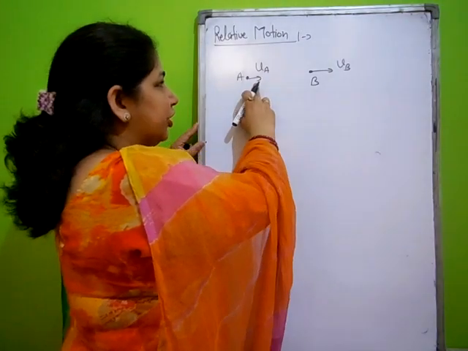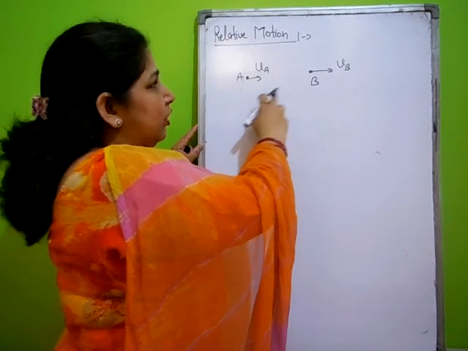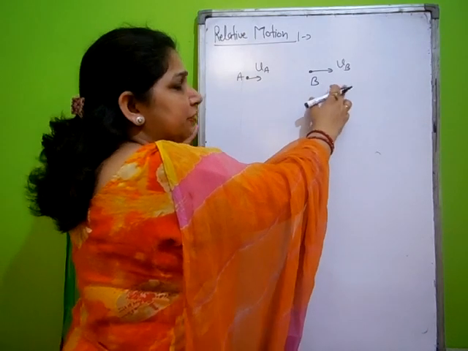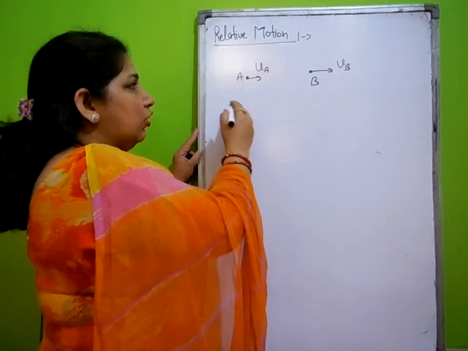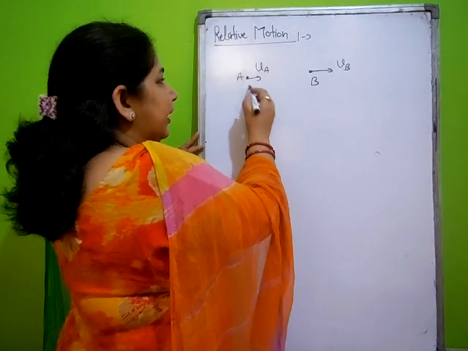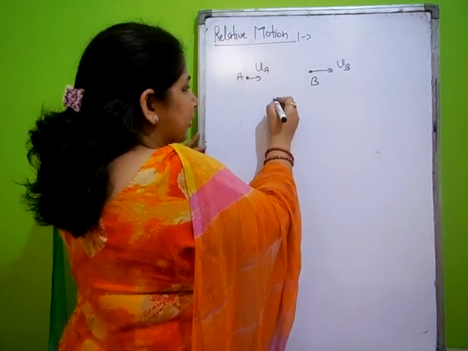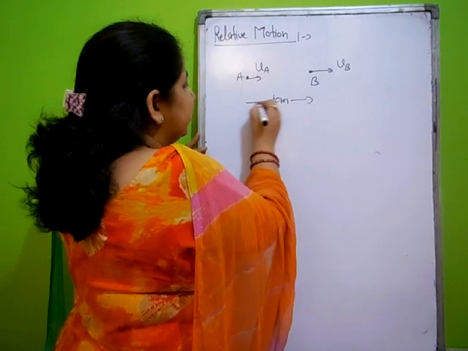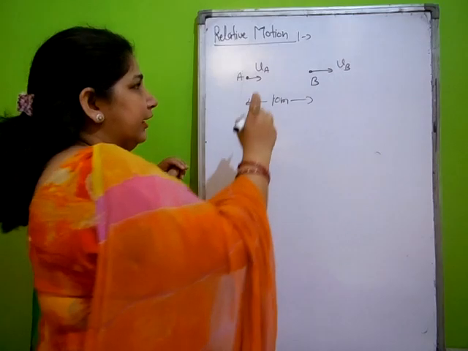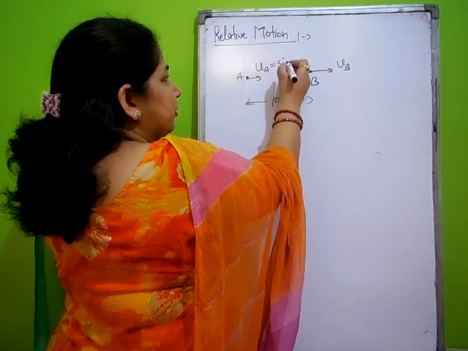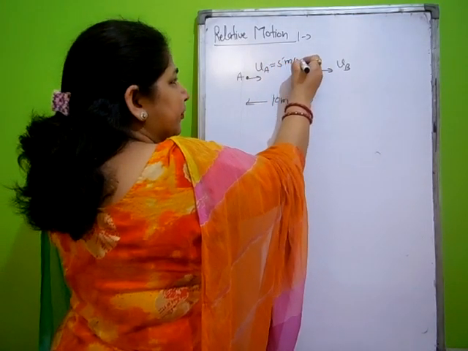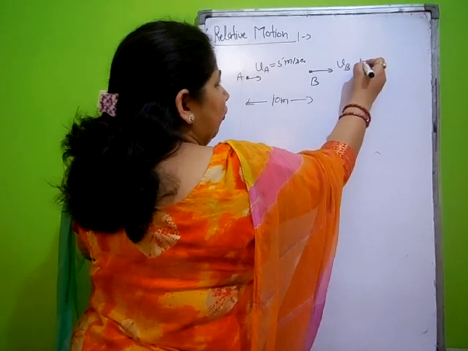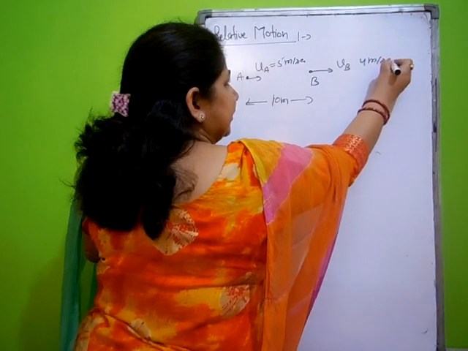This is the velocity of object A with respect to earth, and this is the velocity of object B with respect to earth. Now if both are moving, and the distance between these two objects is, suppose, 10 meter, and this is moving by 5 meter per second and this is moving by 4 meter per second.